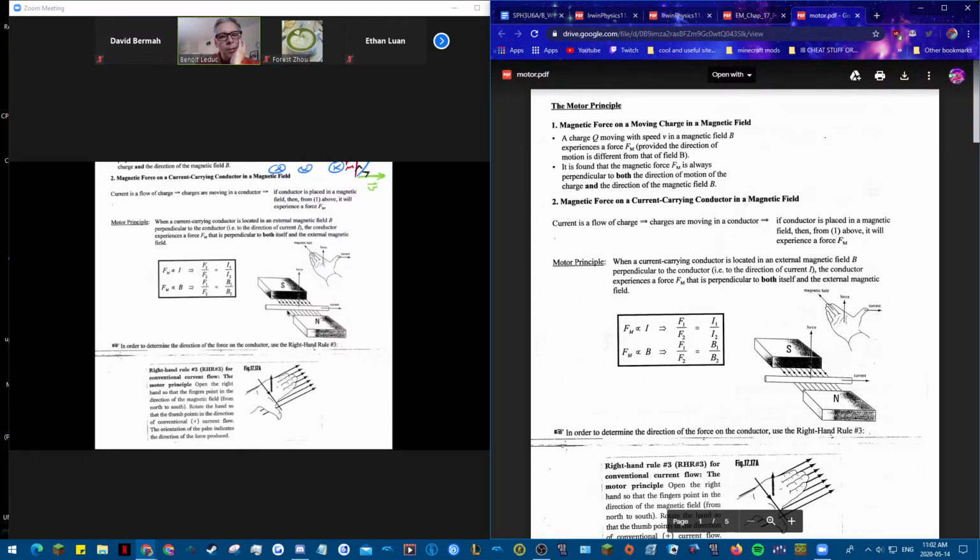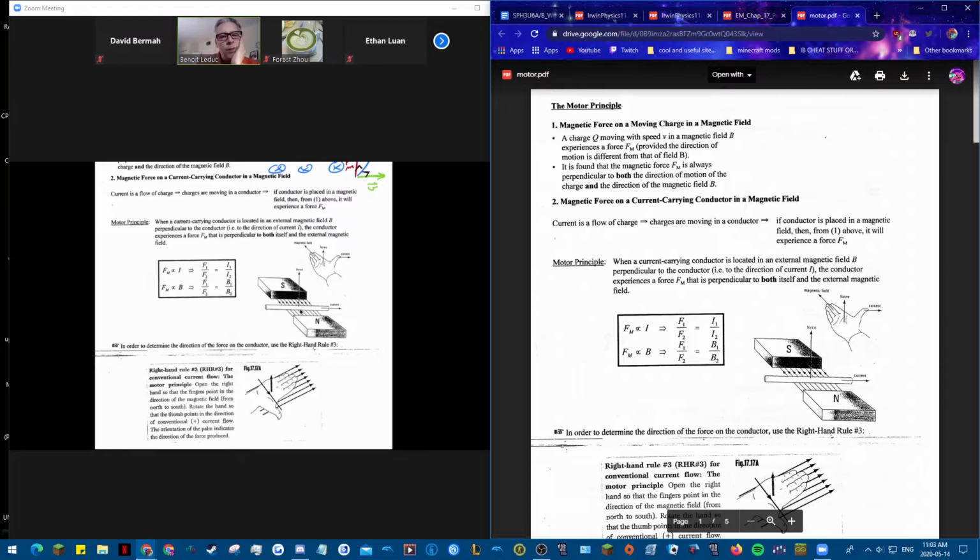Now, if you send more current through a magnetic field, for the same magnetic field, you're going to find that the magnetic force will be greater, in a proportional relationship. So if you double the value of the current for the same magnet, the wire will feel a magnetic force that is twice as strong.